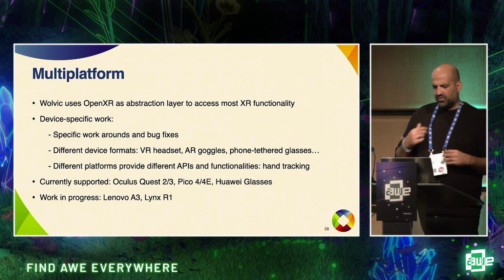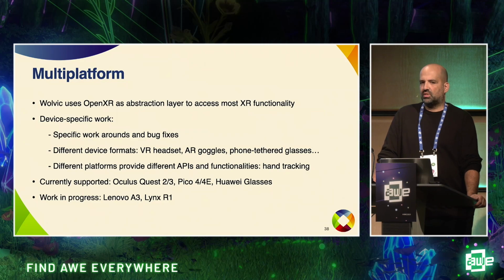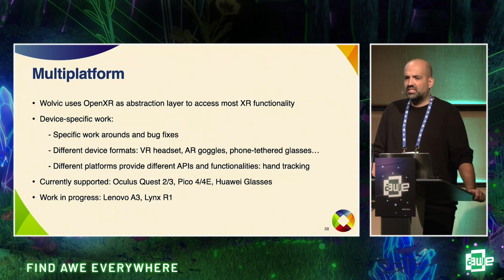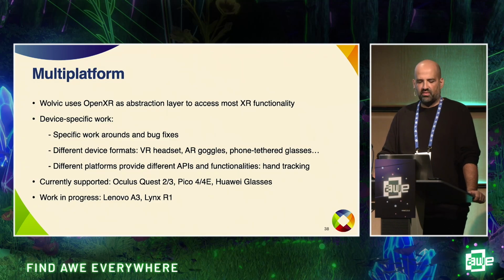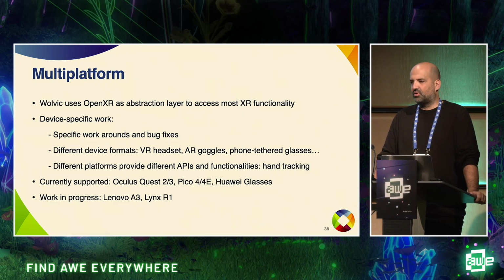And then another feature that is very important about Wolvic is that it is multi-platform. It's not focusing on just one device or two. We try to support as many as possible through the OpenXR abstraction layer, obviously, but there's still quite a lot of device-specific work you need to do. Some things are related to the OpenXR driver of each platform not doing exactly the same thing as the others.